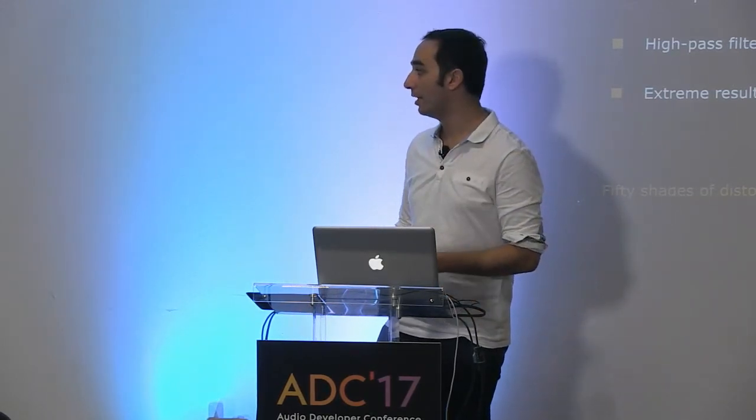And this is how you get the typical sound of that Tube Screamer, even if we do more or less extensive and complicated things on the distortion side after the filter. And you can get extreme results as well by playing with high-pass and low-pass filters with extreme cutoff frequencies.